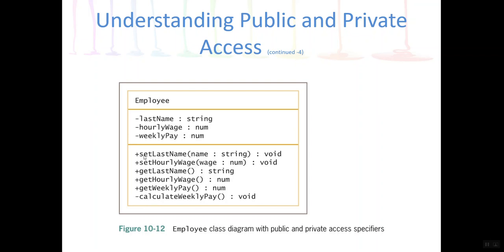So after each method name, we have parentheses, and then we have the parameters. So again, adapting this similar strategy of parameter name and then the type. We're doing the same thing here. So parameter name colon type.